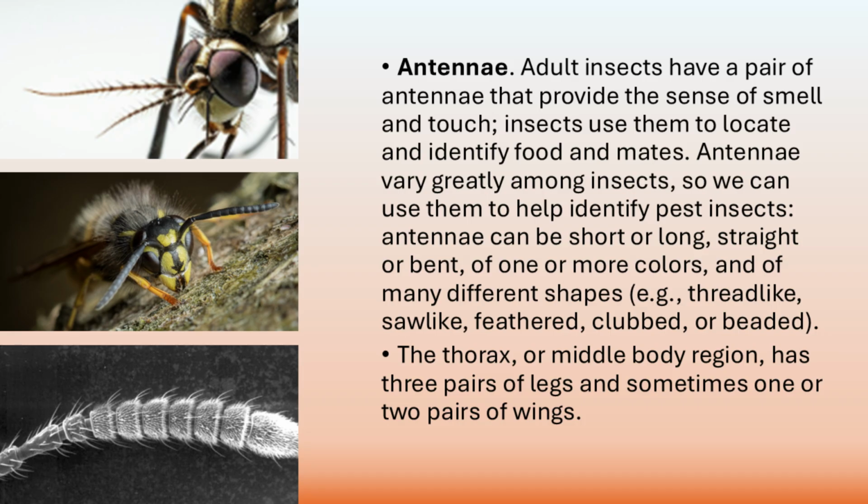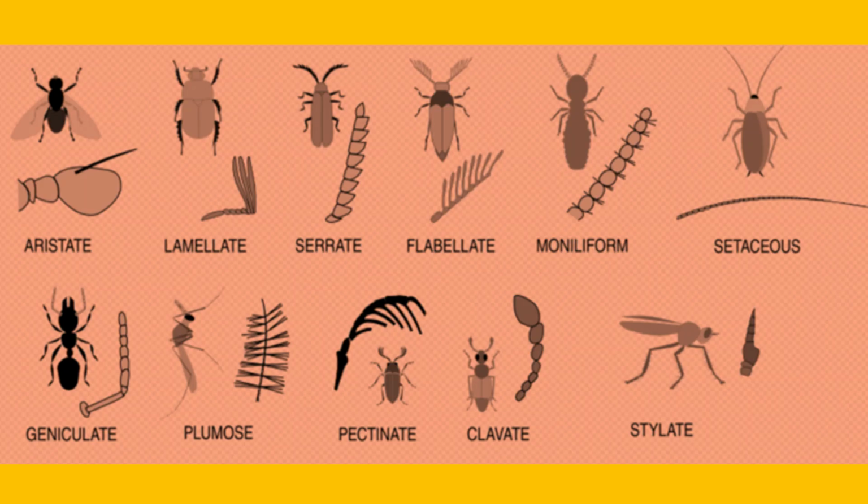The thorax or middle body region has 3 pairs of legs and sometimes 1 or 2 pairs of wings. In the current image, you're seeing several types of insect antennae. Take a few moments to review the antenna and the insects they are attached to.